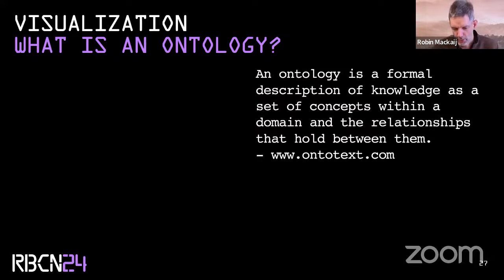But from Ontotext, a company that's in this field, they say it's a formal description of knowledge as a set of concepts within a domain and the relationships. So what we see is that we're describing some knowledge about a domain. So our domain is Robot Framework, and we describe relationships between things within our project. Okay.